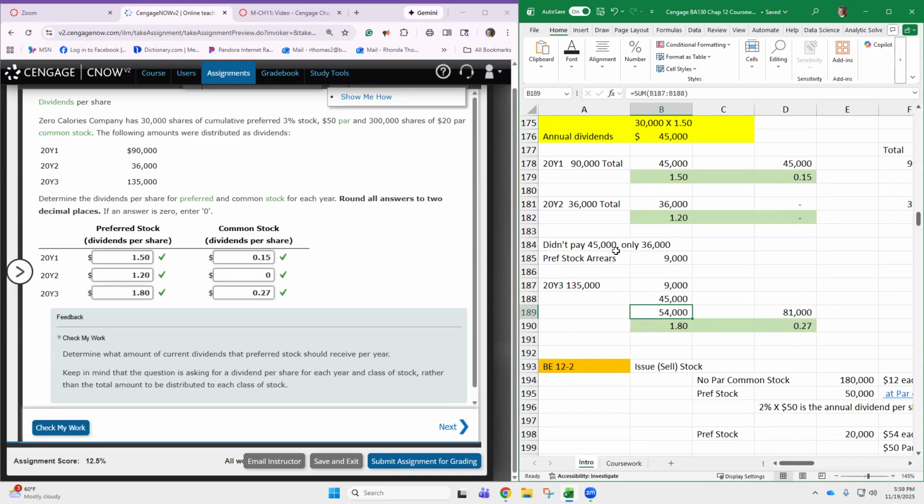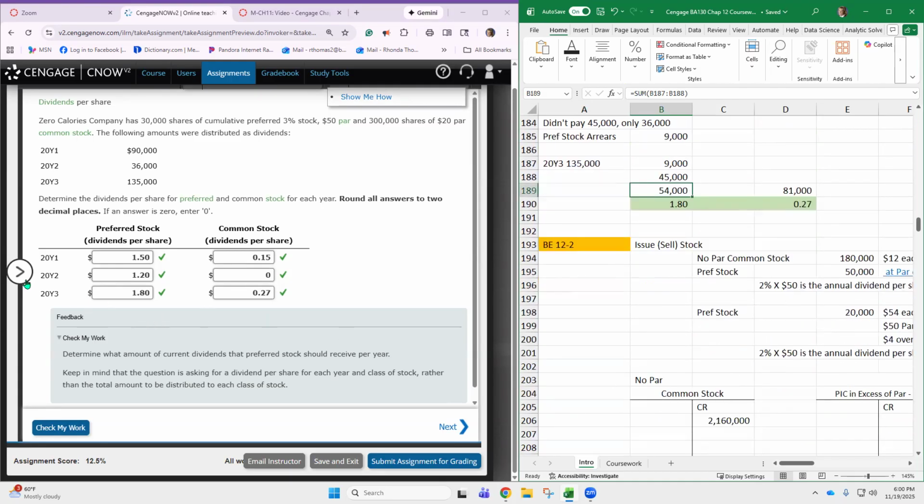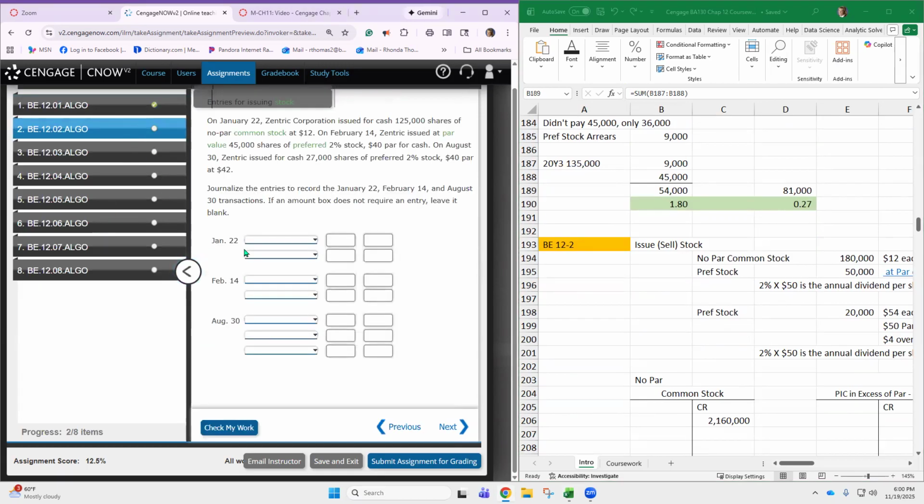So as long as they pay out at least 45,000, right? 45,000 really needs to be the goal, at least, to pay out every year, so that $1.50 goes out to the preferred shareholder. Okay, I hope this is a little bit understandable. I know this can get kind of complicated. All right, let's move on to number two.